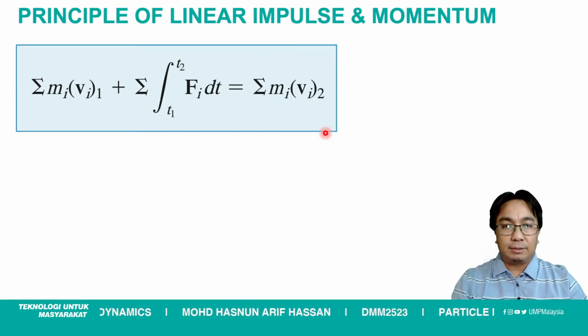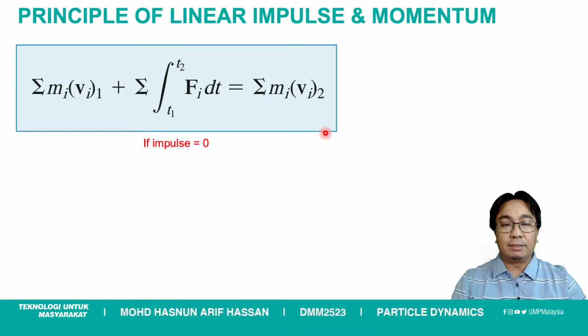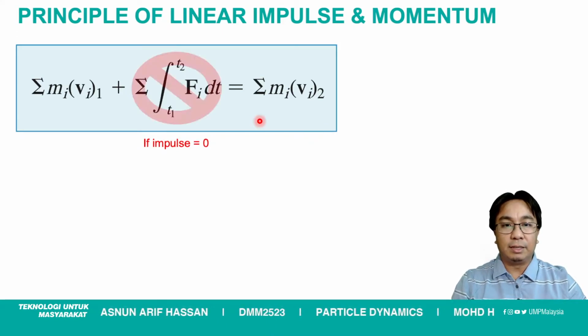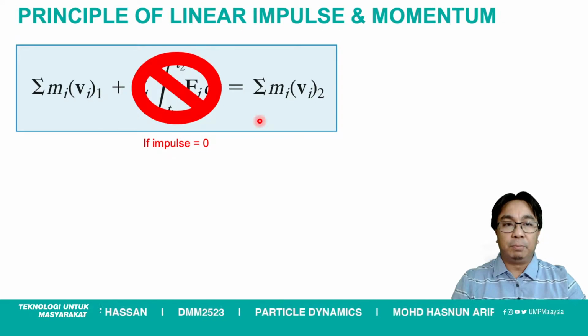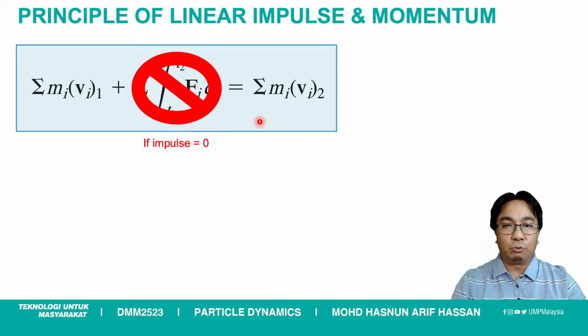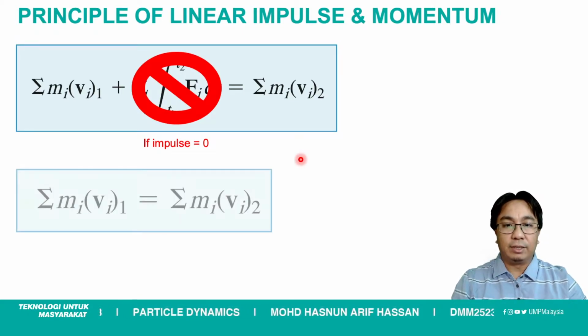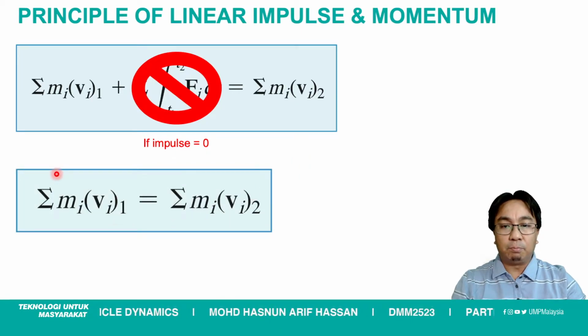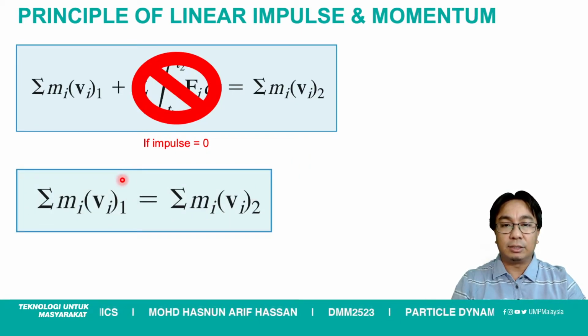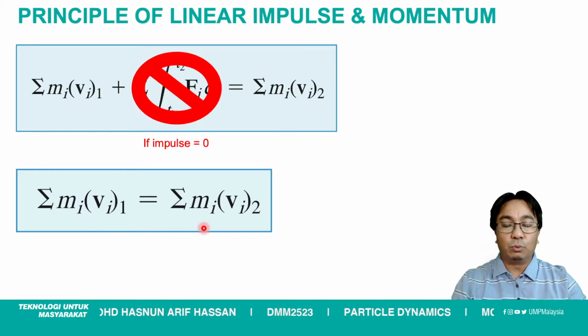But in the case where the impulse is equal to 0, this term will not be in the equation, then what we have is the initial total momentum is equal to the final total momentum.